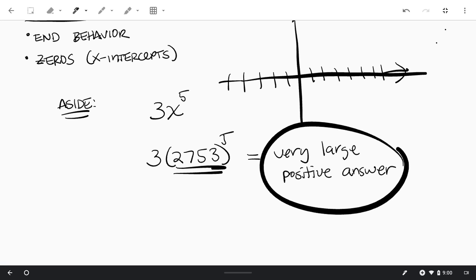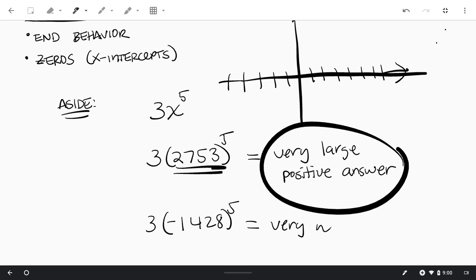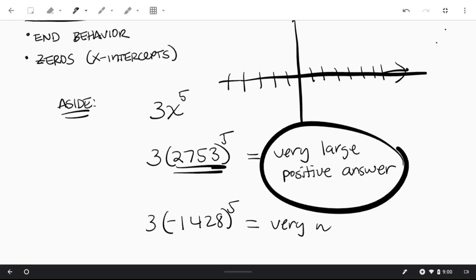If I plug that in, negative 1,428, and I raise that to the 5th power, then what sort of answer am I going to get? Am I going to get a very positive number or a very negative number? Well, I am going to get a very negative number, right?